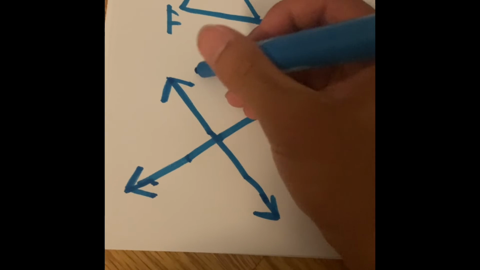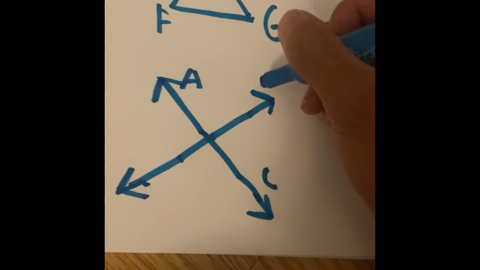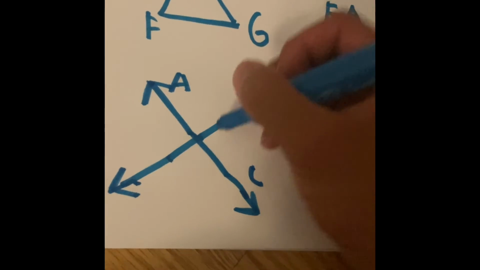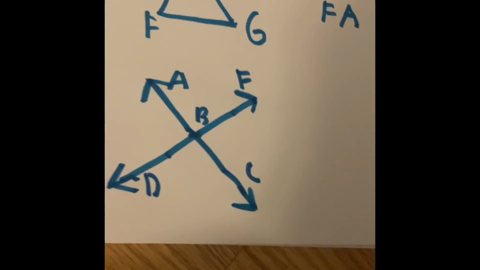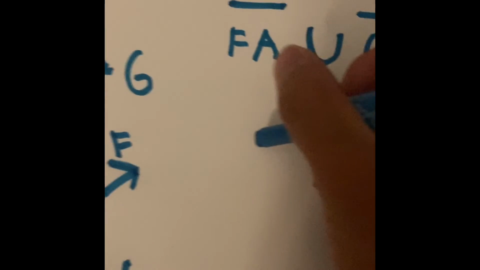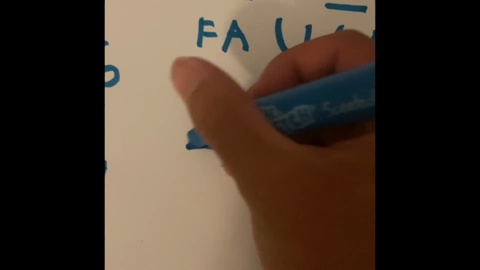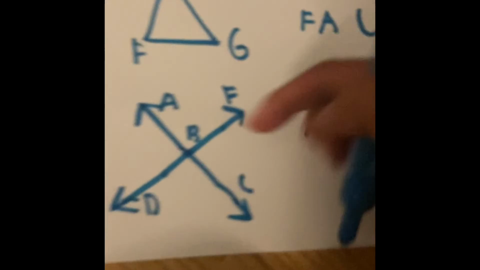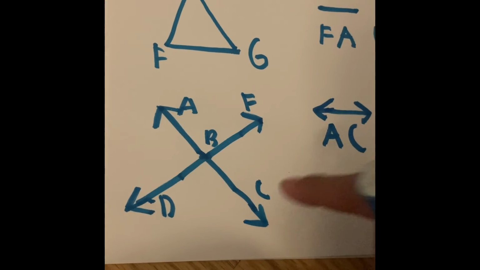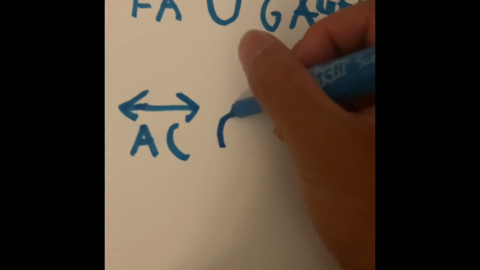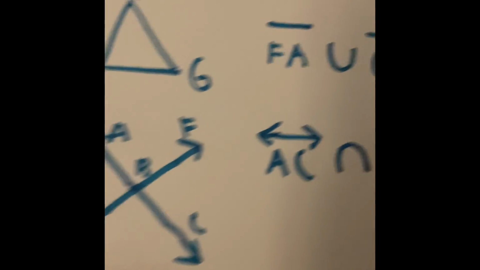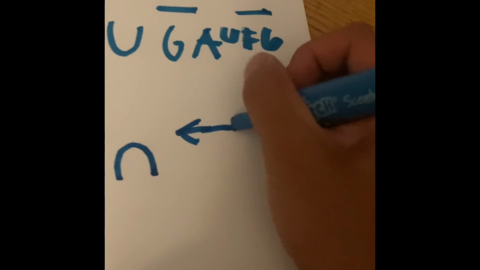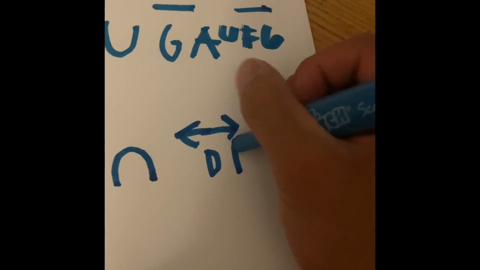And we're going to put line A, line C, line F, point B, and D. In this scenario, we can say that line AC can be intersected, and the intersection symbol is an upside down U, with line DF.